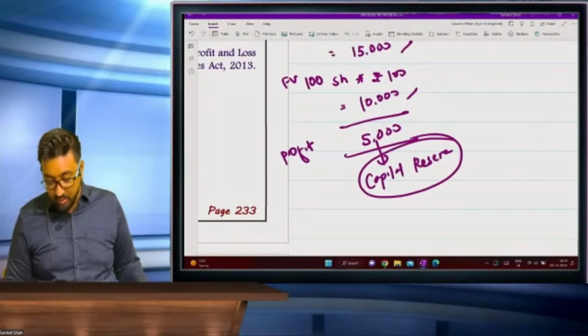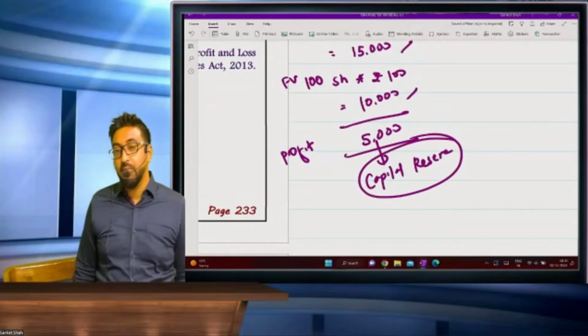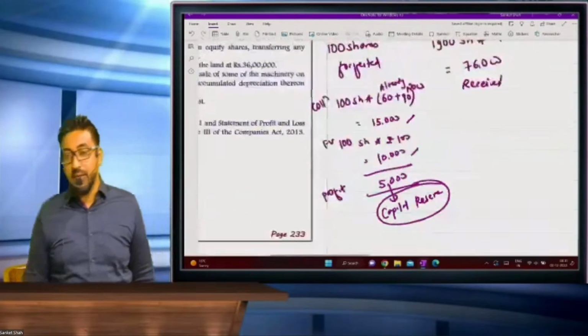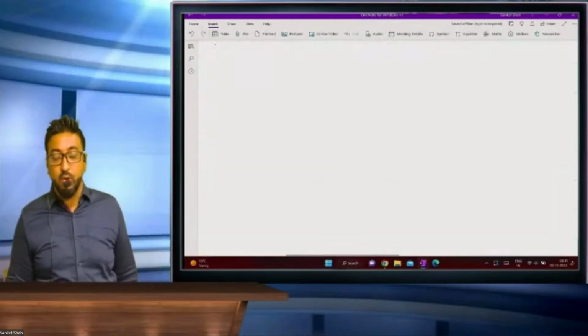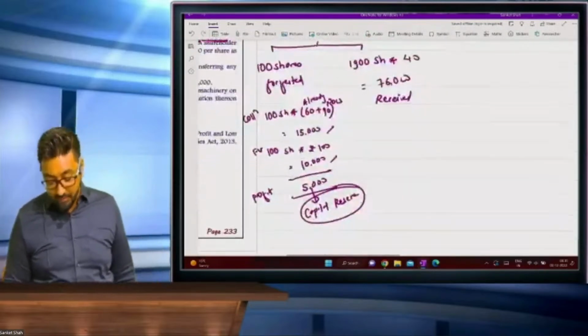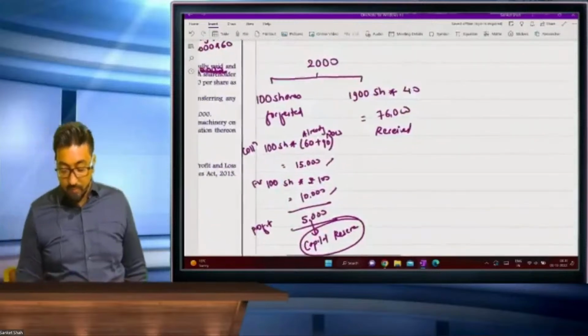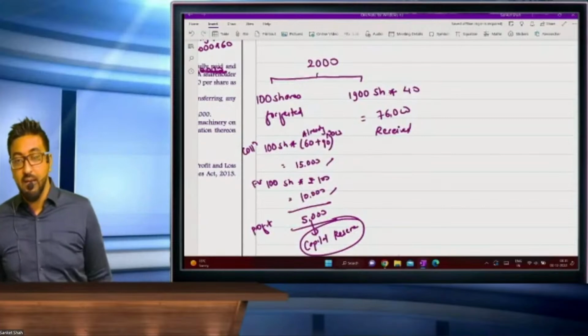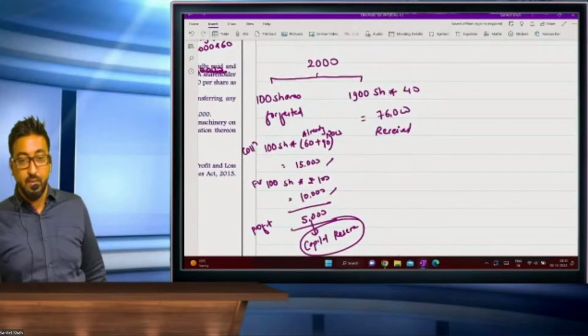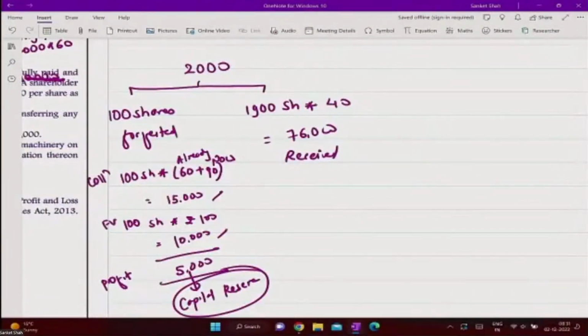Capital reserve. Okay. So ये capital reserve में जाएगा. So this you can write as a working note for your understanding purpose, not for your solving purpose, beta. This is for understanding purpose. Okay.